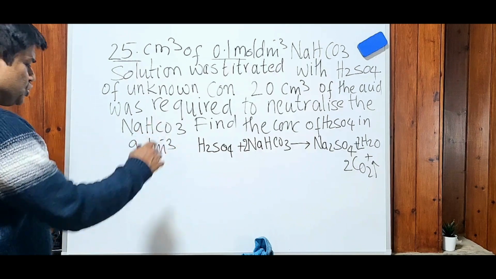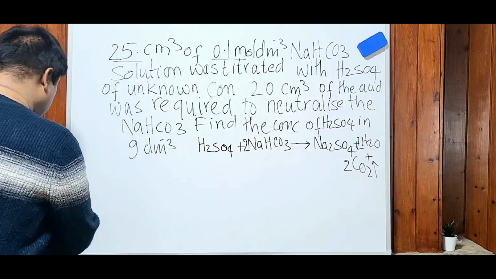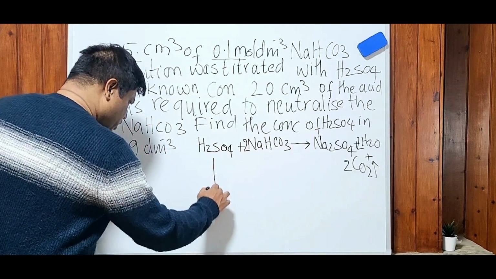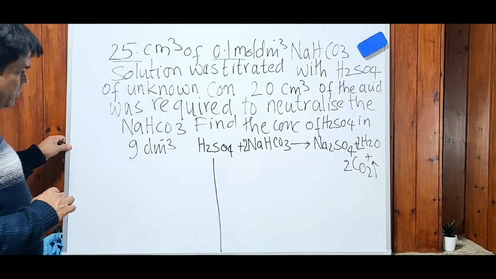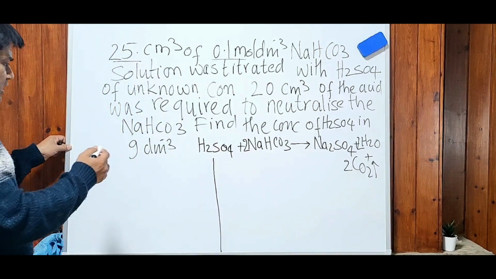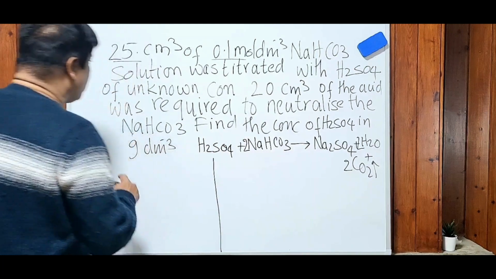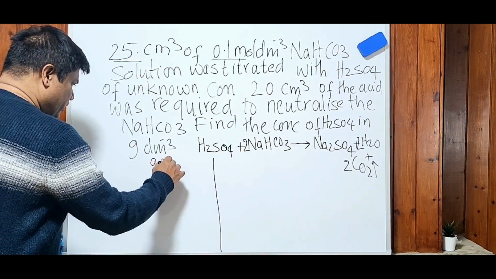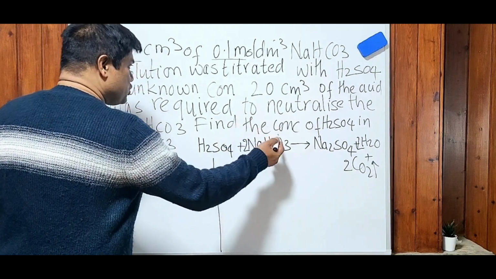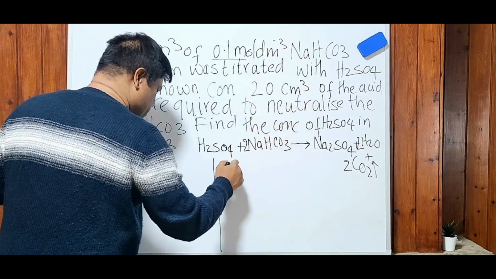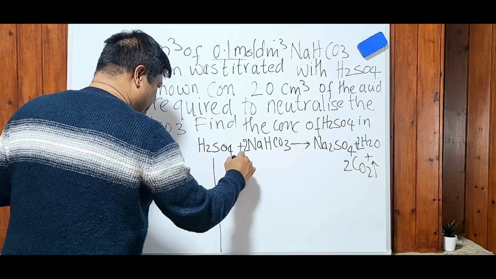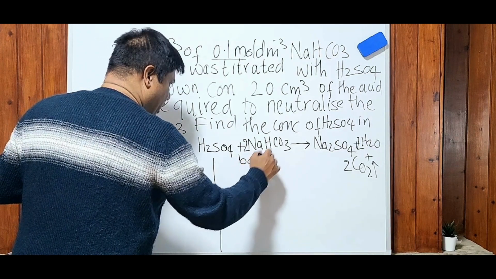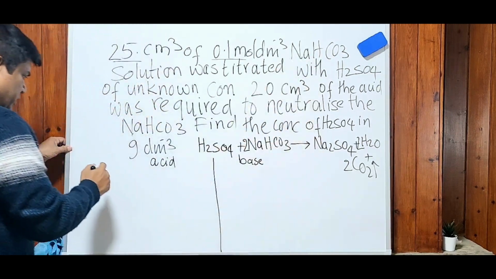Now 1:2 ratio, and I told you to make a small column, like a tabular form, and do the same thing. Write acid here and the alkaline solution. This is a salt of an alkaline solution, a base, in the form of salt.